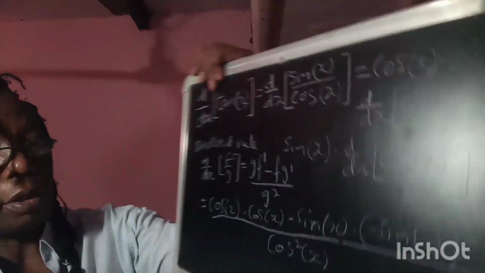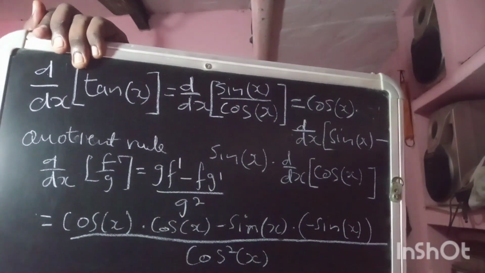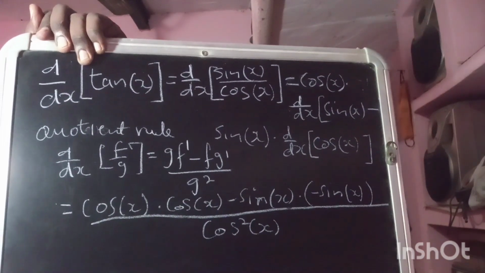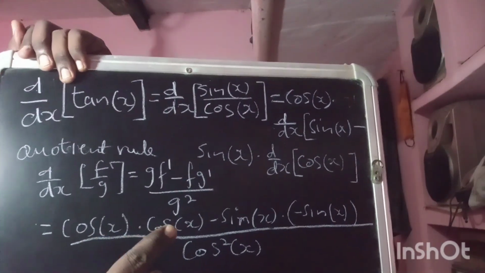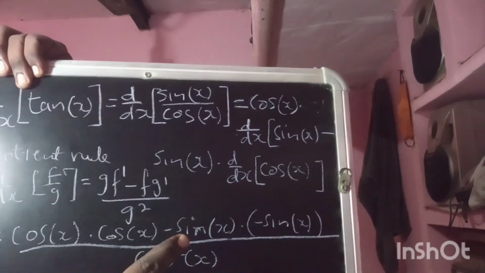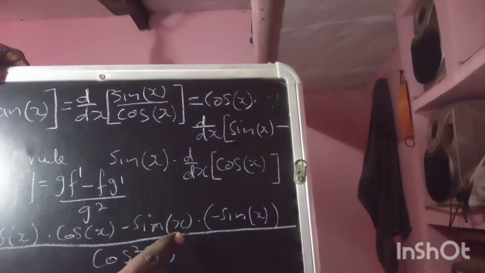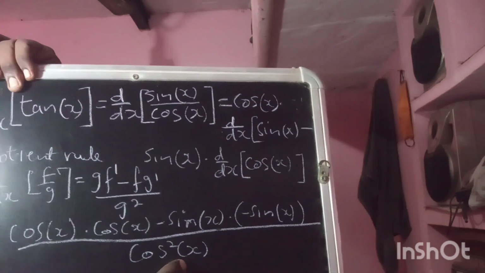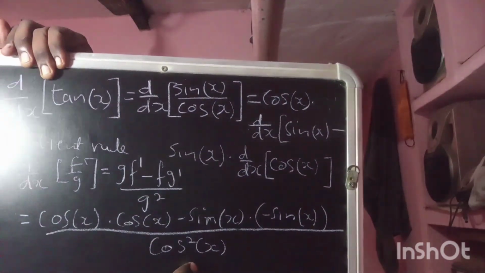I hope you have understood up to that point. I'm going to clean this because I have to go further. Cosine x times cosine x will be cosine x squared, minus sine x times minus sine x becomes positive sine squared x, over cosine x squared.